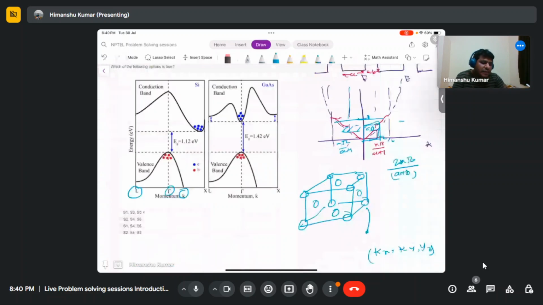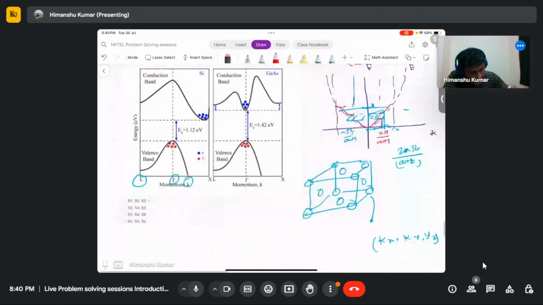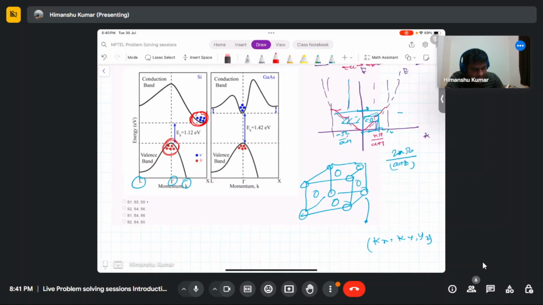Let me define the band gap: it is the minimum distance between the bottommost unoccupied band and the top of the occupied band. Some electrons from the valence band will move to a different level, and this gap is known as the band gap.